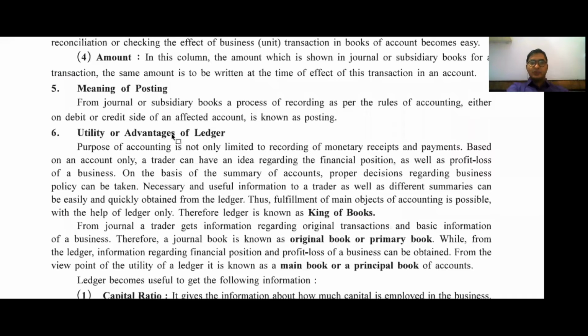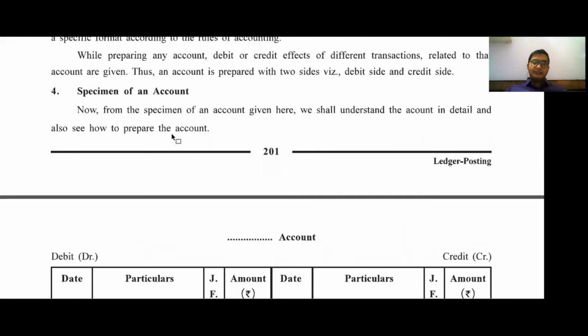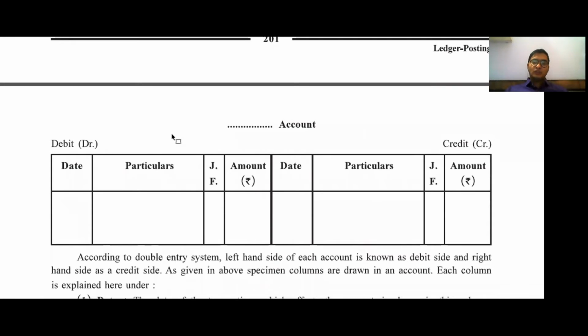Posting from journal or subsidiary books is a process of recording, as per the rules of accounting, either on the debit side or on the credit side of an affected account. It is known as posting. This account, we call a blank account in which there is no entry.